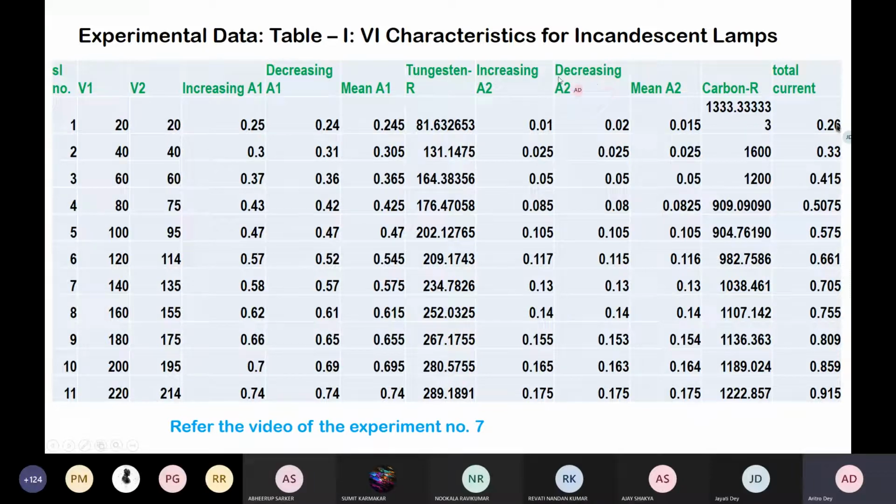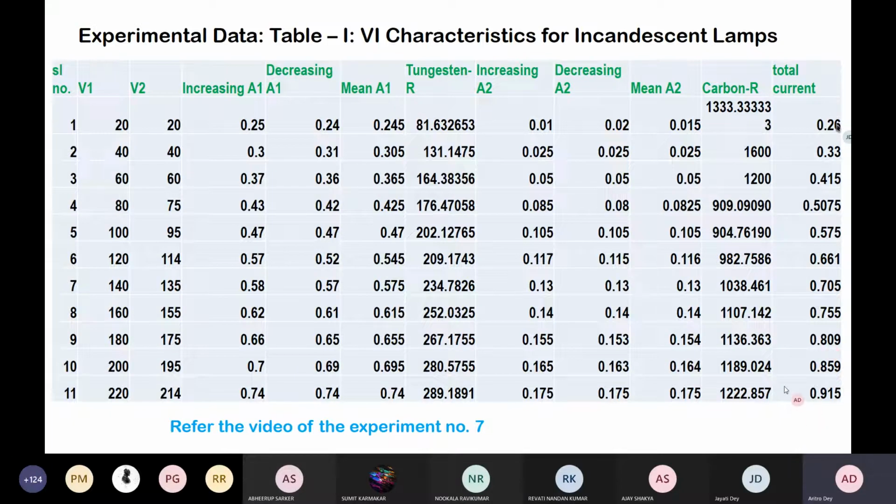Similarly for the carbon filament lamp, what is the current through that with increasing and decreasing voltage, that we also have from the experiment, and then we take the mean of this, and V1 by A2 will give you the resistance of the carbon lamp. For the total current we can take the addition of these two, A1 and A2, so that will give you the total current.